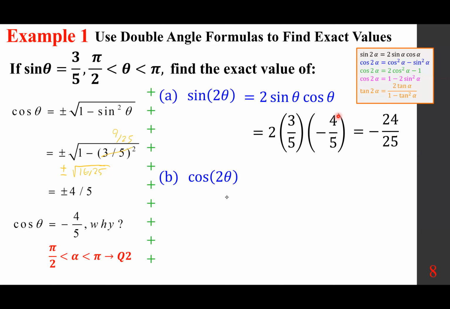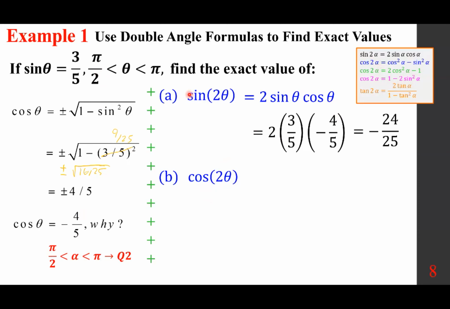The next one is easy. It's cosine squared minus sine squared, and we have both of them. By the way, any of them you choose, you can handle it. And if for any reason we didn't have part A, everybody, and we just wanted to find this, we wouldn't have to calculate this. We could go with 1 minus 2 sine squared. I hope everybody understands. You have three choices.